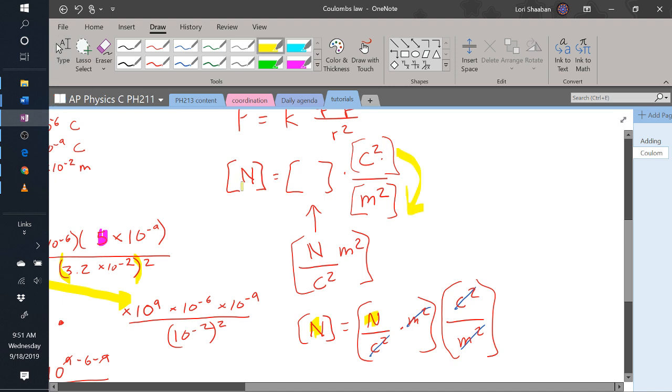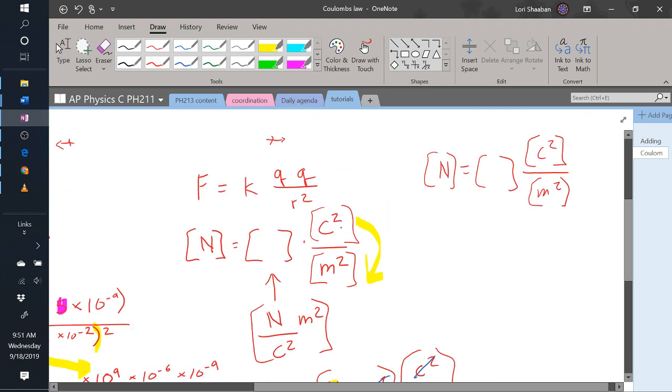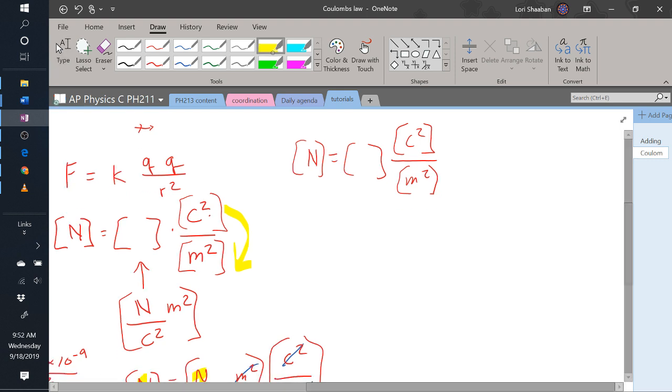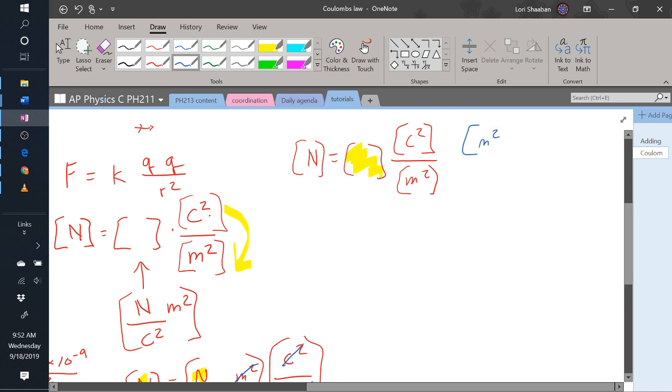So one other way to do it is this is the unknown. So people are going to try to get this all by itself. So to do that, they're going to multiply by meters squared, coulombs squared. These cancel.